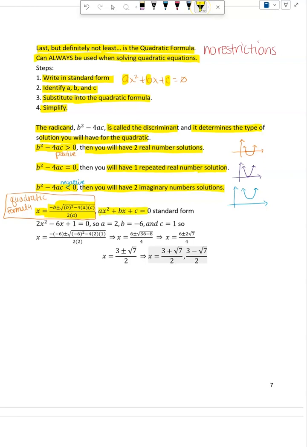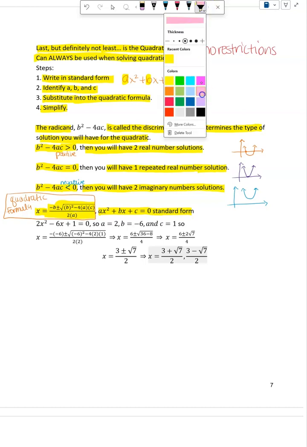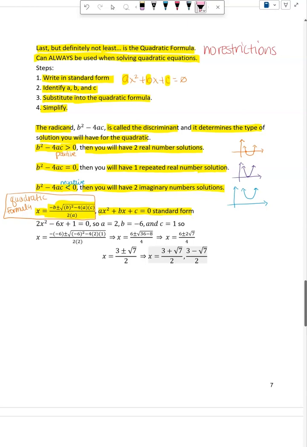So like I said, here is our quadratic. This is our standard form, as I stated earlier. Here is our quadratic function or equation. So we can see that a equals 2, b equals negative 6. We keep this sign with it.